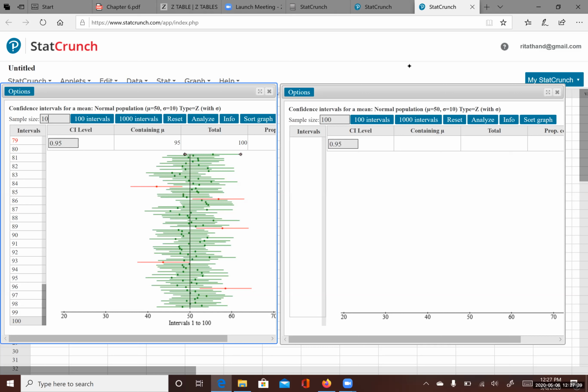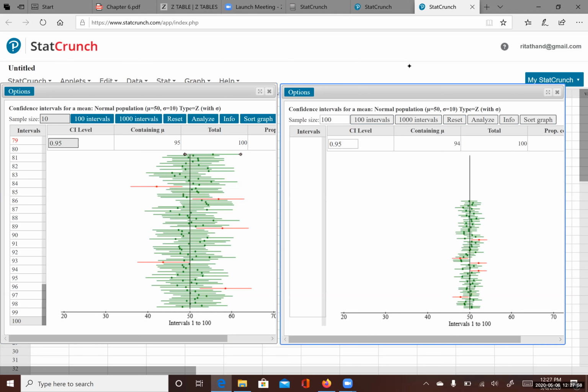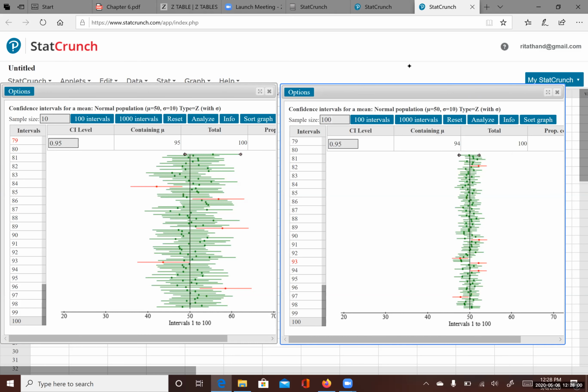What happens when I increase my sample size to 100? So I'm collecting 100 students for my sample instead of just 10 students. I still have the same mean of 50, standard deviation of 10, and sigma is known. I construct 100 confidence intervals. In this simulation, around 94 confidence intervals contain the population mean.